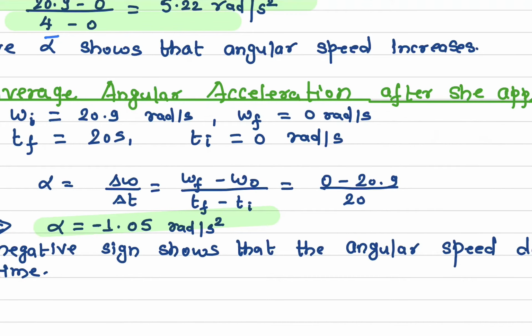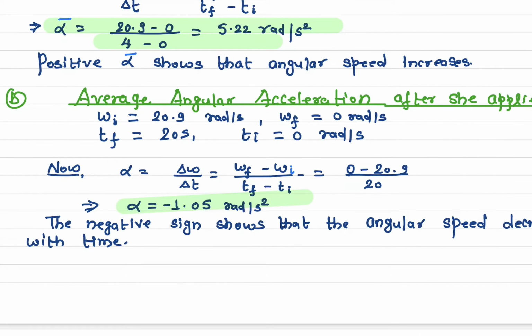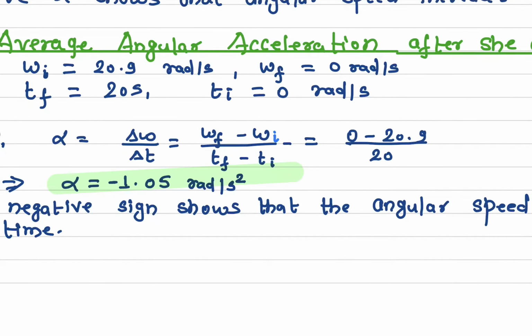Some books prefer to write omega 0, sometimes even I write omega 0, omega i, it's exactly the same thing. Omega f, the final angular speed, is 0 because it finally came to a stop, and this is your initial 20.9, and the change in time is 20 seconds.